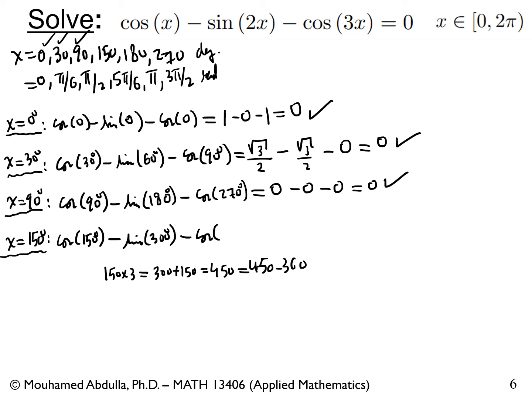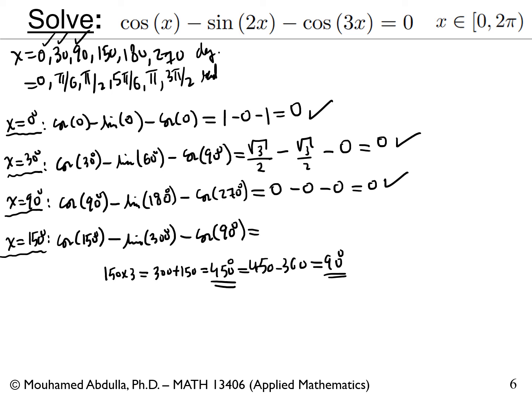So 450 minus 360 gives us 90 degrees. Instead of writing 450 degrees, we could write it as 90 degrees because we removed the excess revolution. It's going to land at the same place. So 90 degrees here, and that's it.